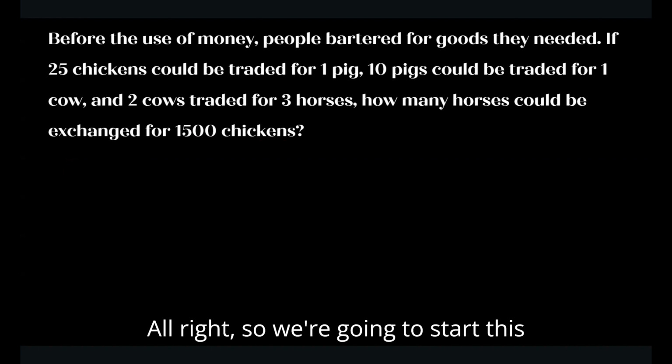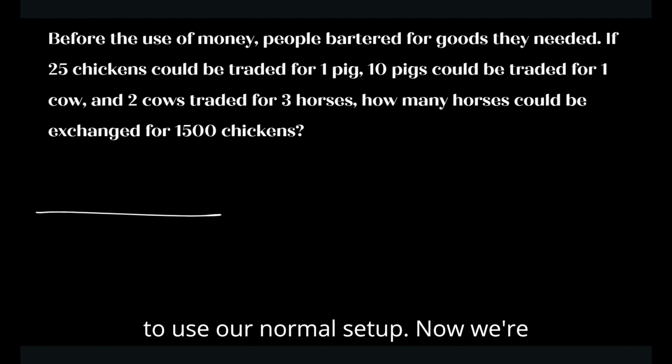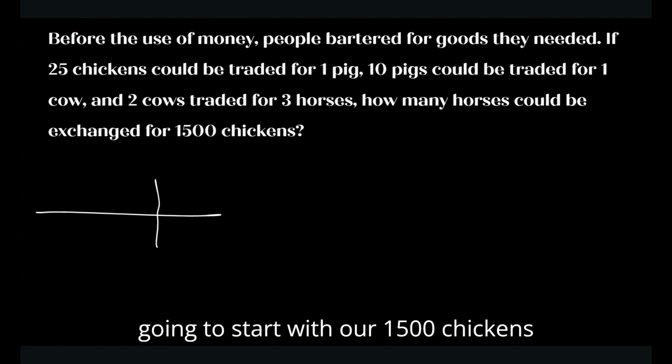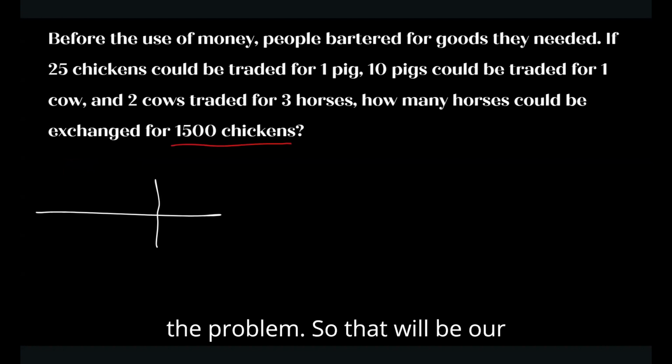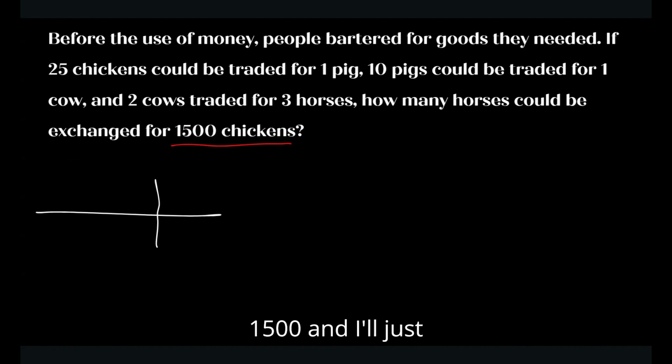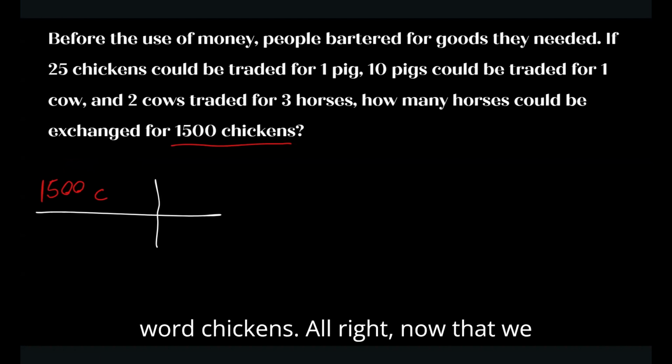All right, so we're going to start this like any other problem, and we're going to use our normal setup. Now, we're going to start with our 1,500 chickens because that is what is provided to us in the problem. So that will be our 1,500, and I'll just use C in order just to shorten the word chickens.